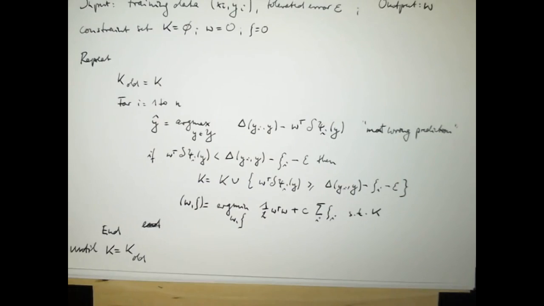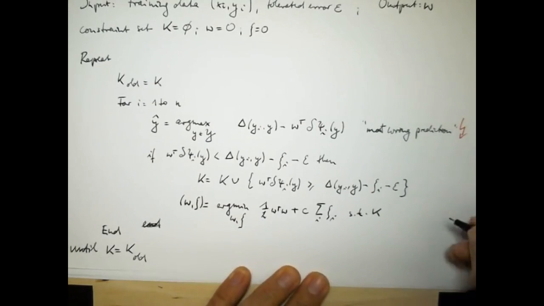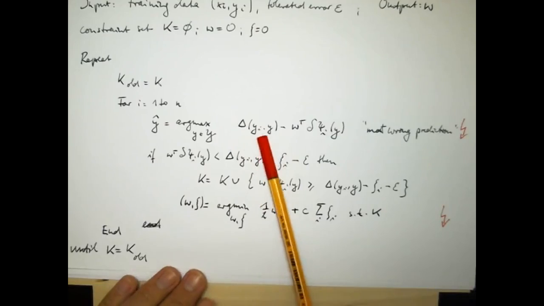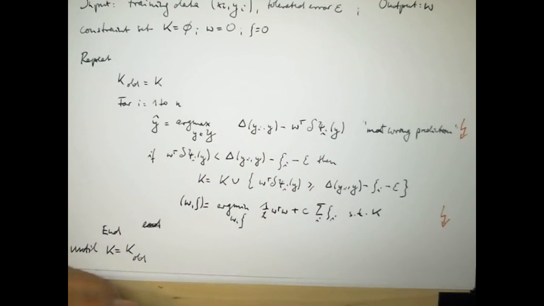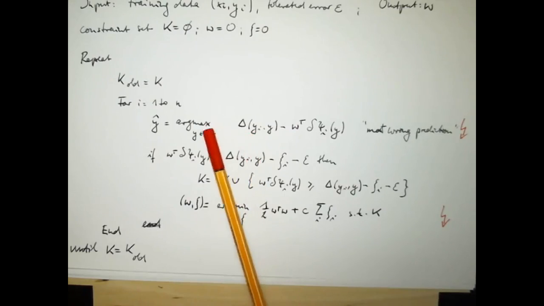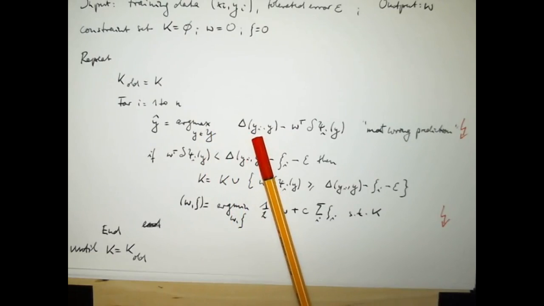So the expensive parts are here and there. This is expensive, and that is expensive. And here in particular, I mentioned the loss function that should be decomposable. Here you see why, because in this maximization, we are not only looking at the point that, as judged by our parameter vector w, lies furthest in the direction of the true output, but we want at the same time to evaluate the loss.